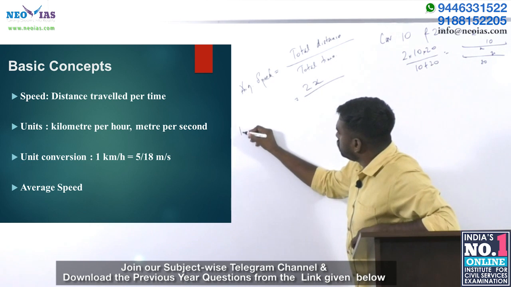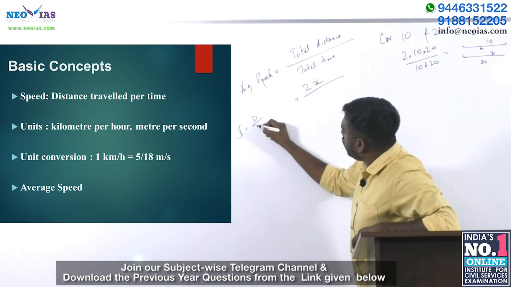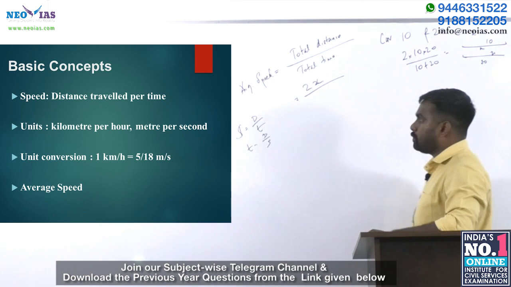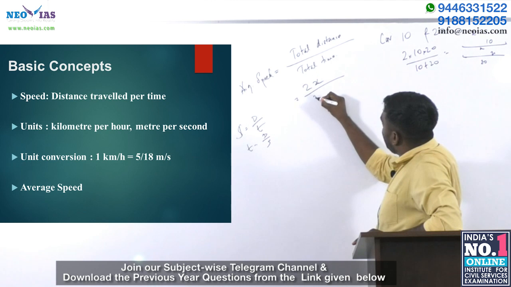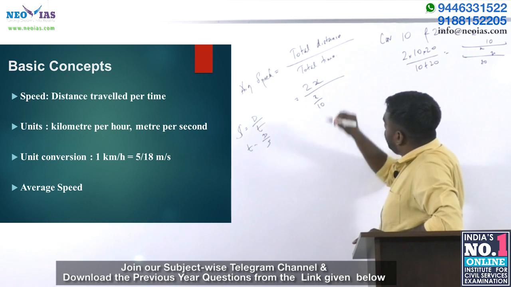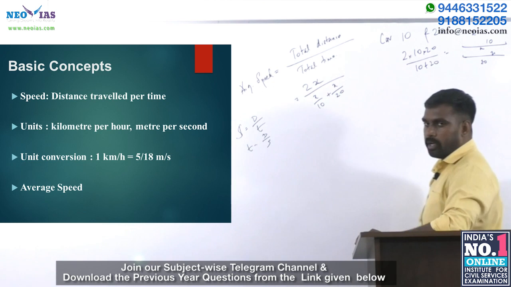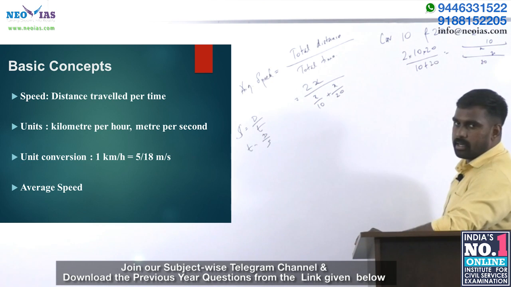I told you speed equals distance by time, so time equals distance by speed, right. So the time is x by 10 for the first case plus x by 20 for the second case. This is the total time, right.